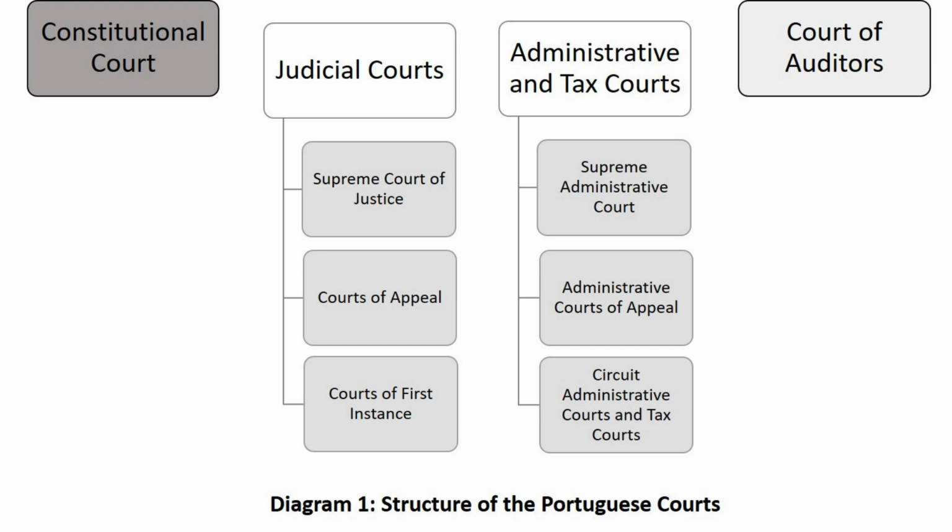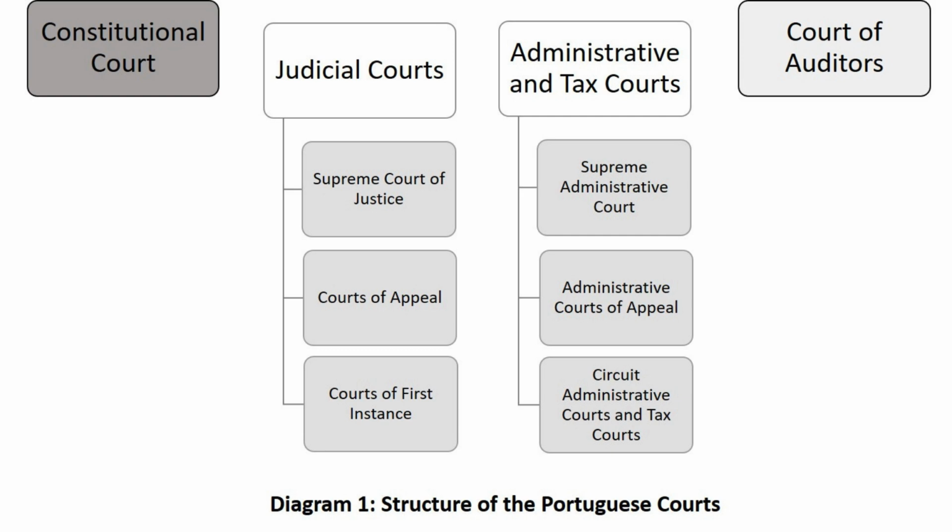But we have two different orders of courts, all courts of law, but in the European tradition, we have a group of civil courts or general courts, which cover civil law issues and criminal law issues and labor law, and the counterpoint is that we have another order of courts, which are administrative and tax courts, and those courts only try issues of administrative law and tax law.